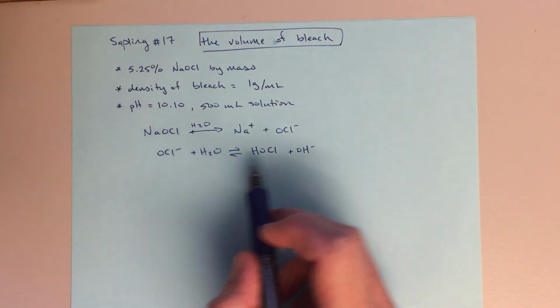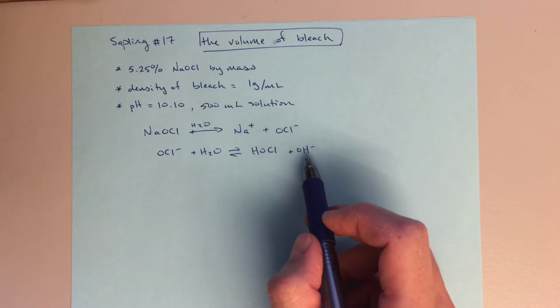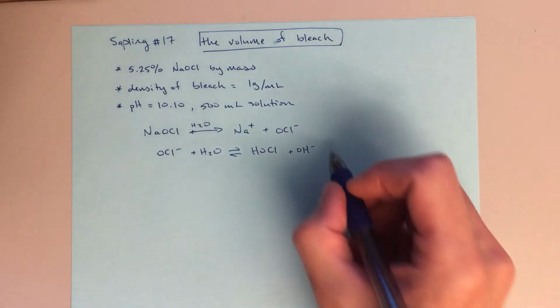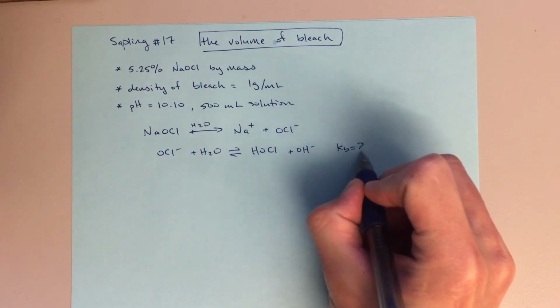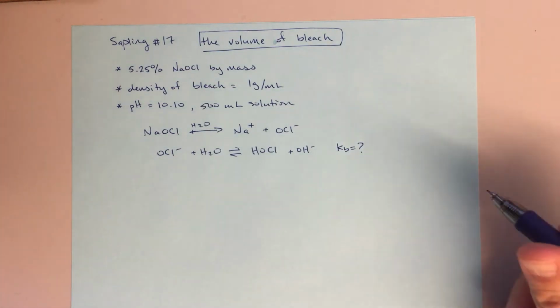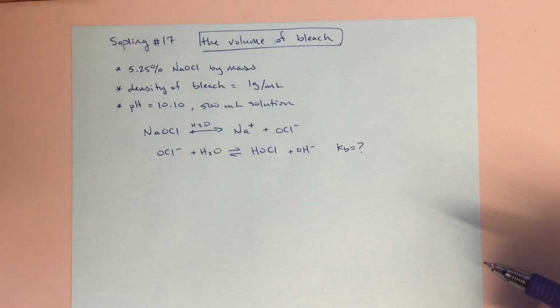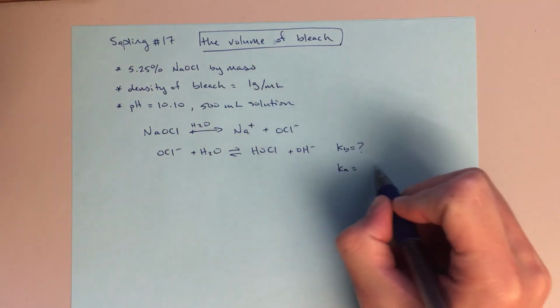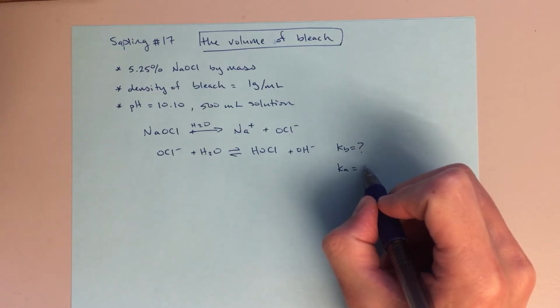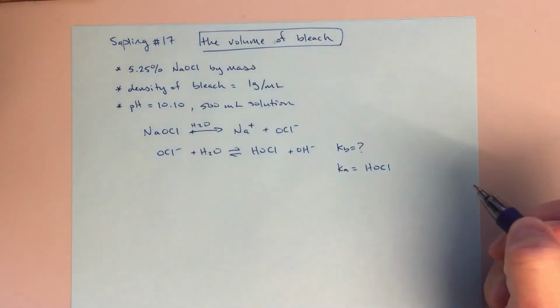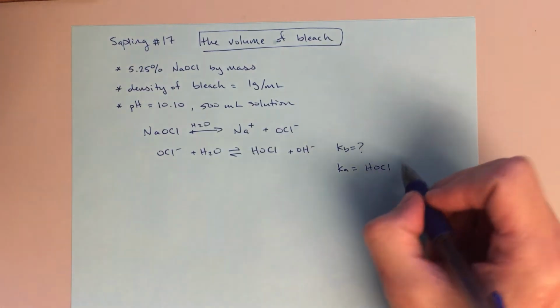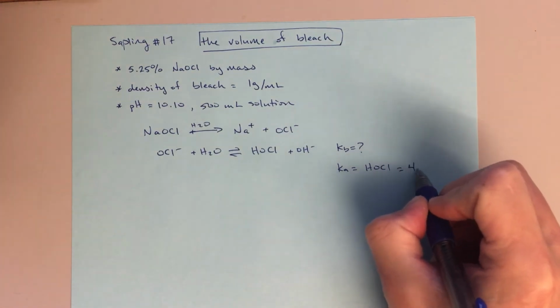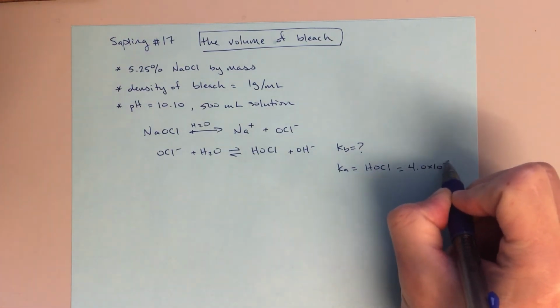Now I'm writing this down. This is a hydrolysis reaction, and I see this OH-, and I know that means this is a Kb type equation. I don't know what the Kb is yet, but I am recognizing that. I do know, however, that the Ka for HOCl, my conjugate acid here, equals 4.0 times 10 to the minus 8.